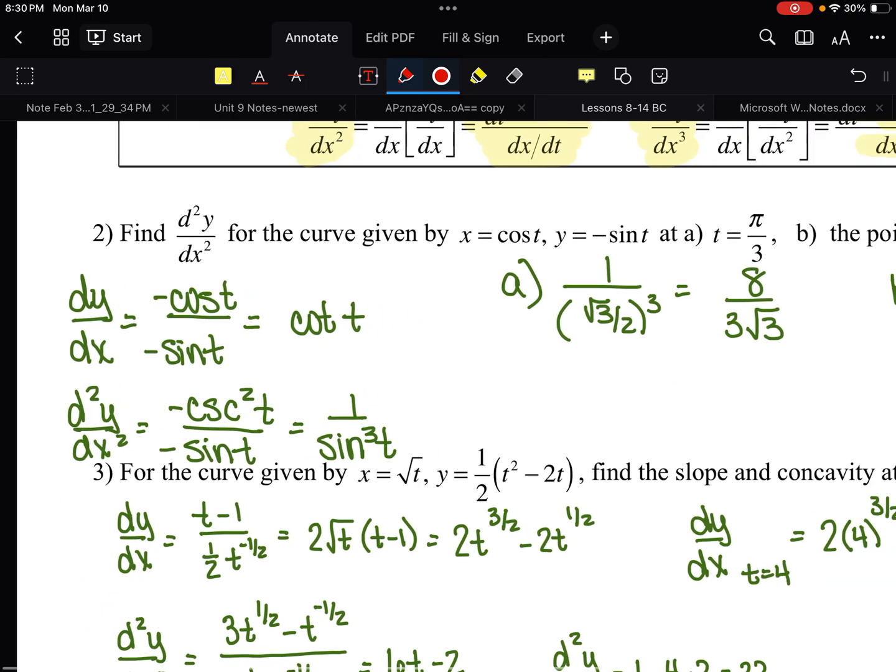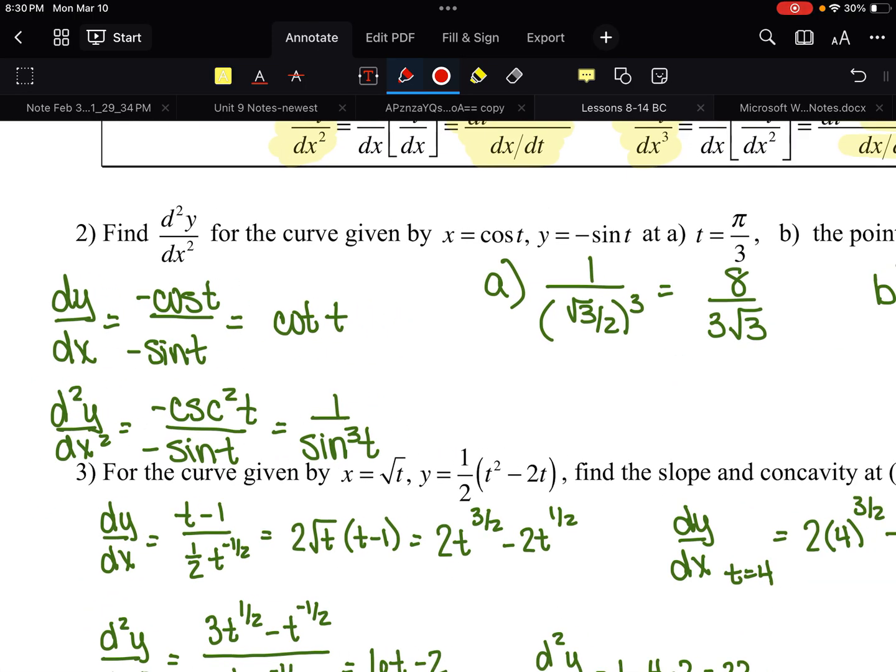So first derivative: derivative of negative sine over derivative of cosine. We've got our derivative, dy/dx is cotangent of t. So the second derivative is the derivative of cotangent, which is negative cosecant squared, over our original dx/dt.